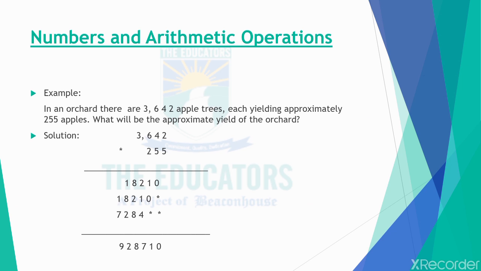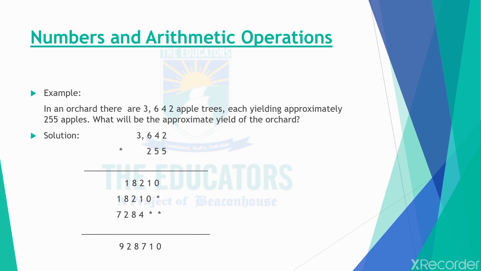One more trick, students: when you do the multiplication process the second time, you have to put a multiplication symbol in the second line and then start again. Again you would read the table of 5 till all these numbers. Again we get the answer 18,210.